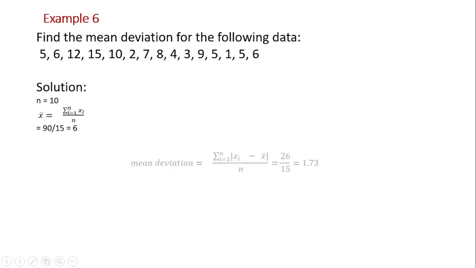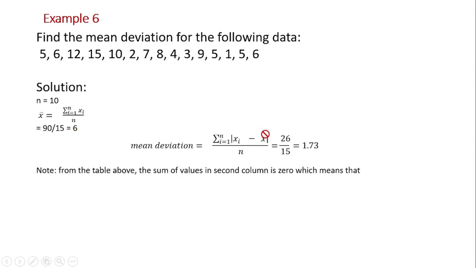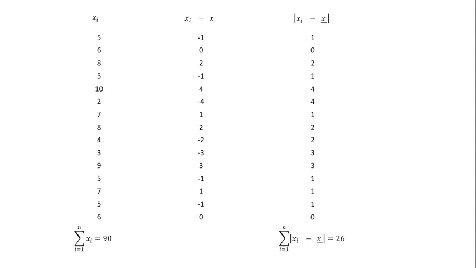So now the mean deviation is this. Let me show you in the table. Here is the xi, here is xi minus x bar, and here is the absolute value of xi minus x bar.